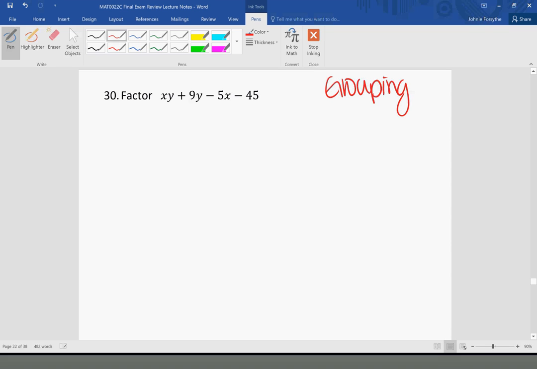So it's xy plus 9y minus 5x minus 45. Let's group the first 2, and we're grouping the second 2. And notice that I included the negative in the second, because that's important. So the GCF of the first group is going to be y.